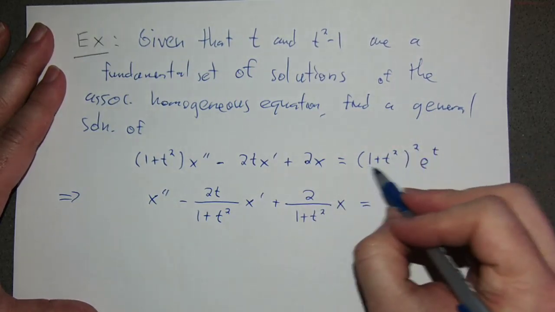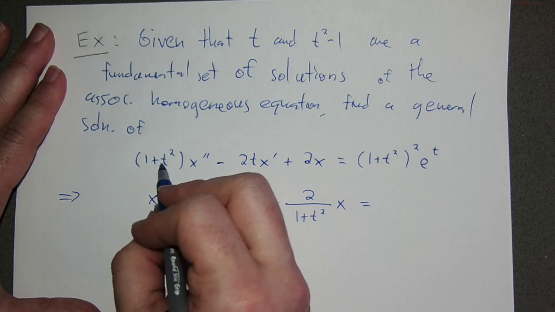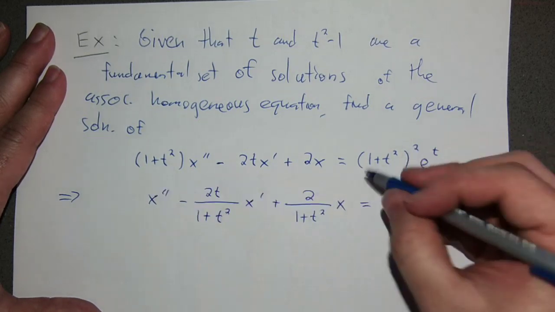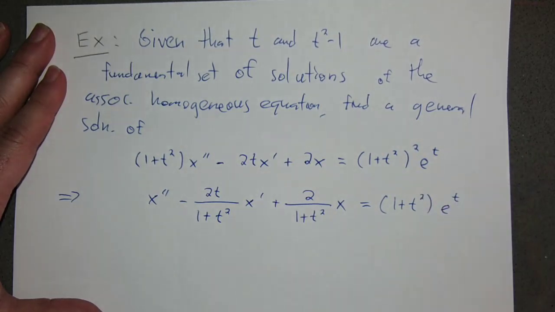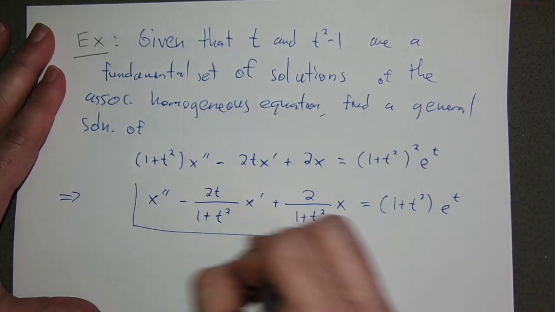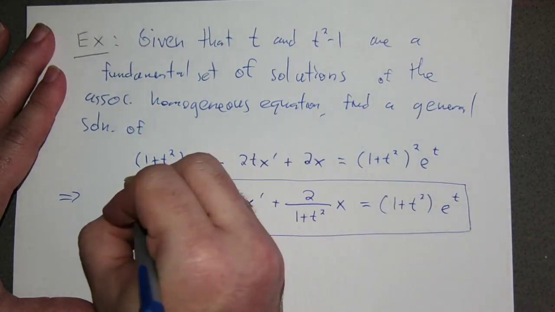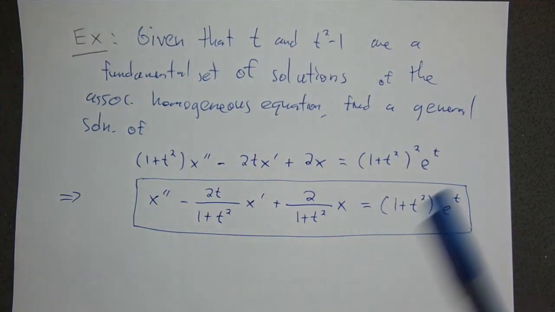And that's equal to, this is (1 plus t squared) squared, so dividing through by 1 plus t squared, I'm left with just (1 plus t squared) e to the t. Okay, so this is the equation I'm looking at. Now, a thing to note here, right?